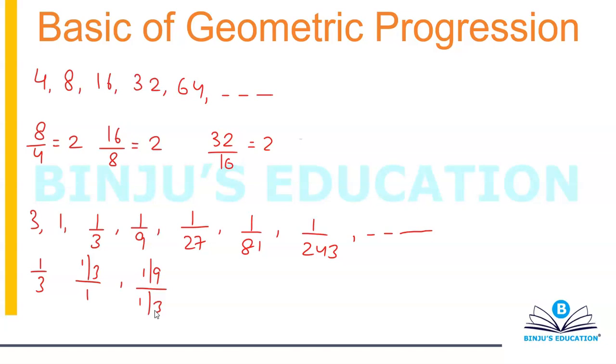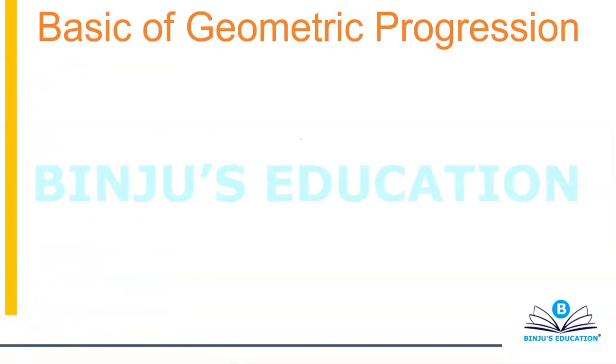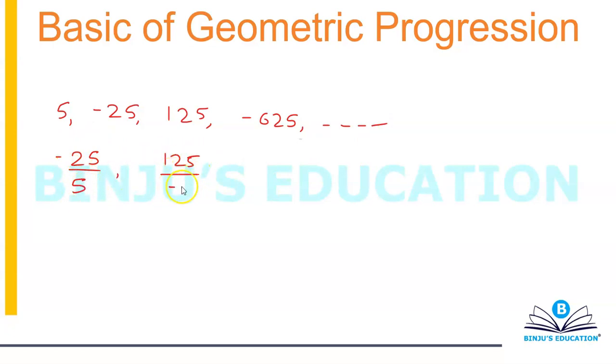Just remember this. Let me give you one more example. Suppose you have terms such as 5, minus 25, 125, minus 625 and so on. The common ratio here is minus 5.